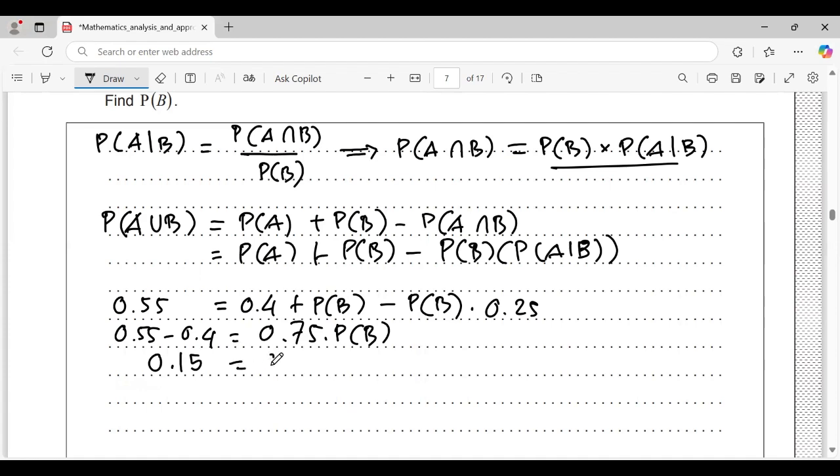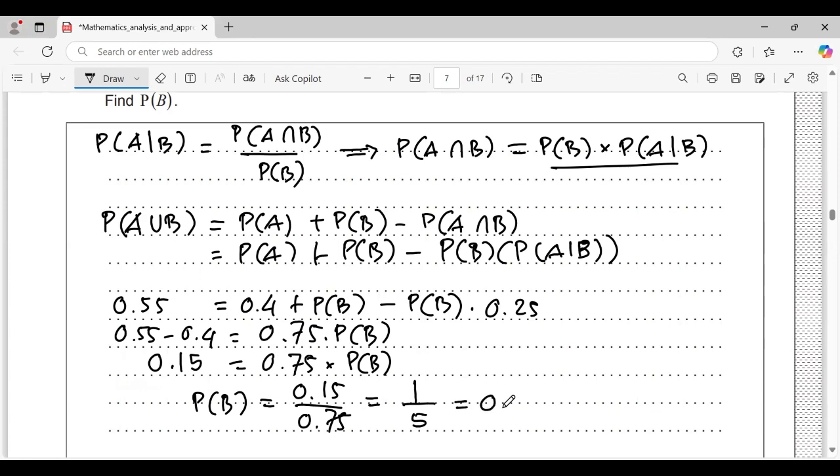So 0.75 times the probability of B equals 0.15, so the probability of B equals 0.15 over 0.75, which is 1/5, or 0.2.